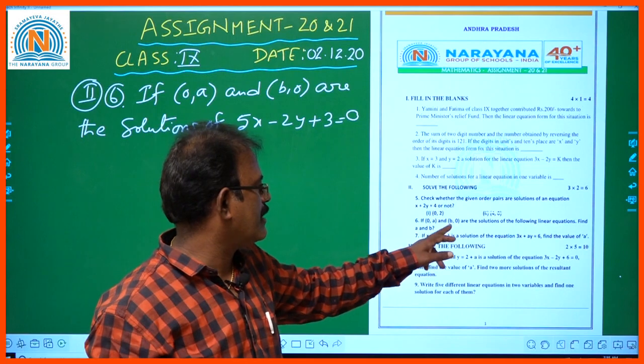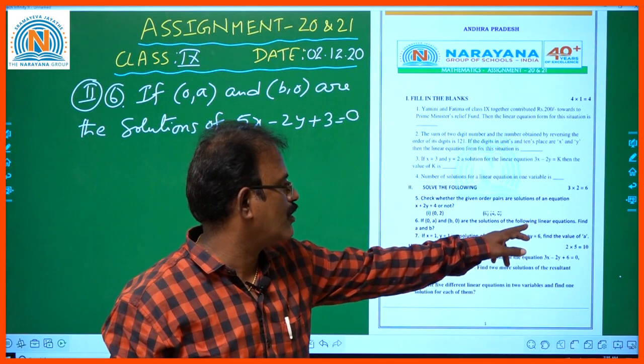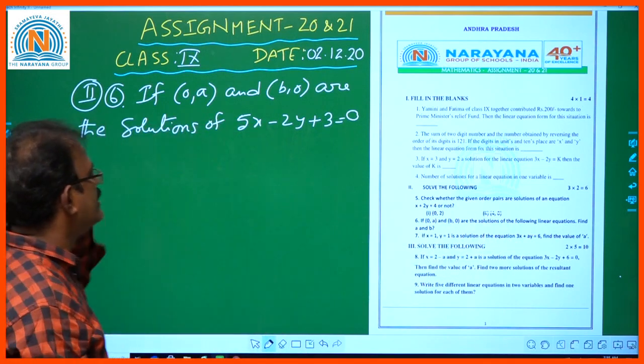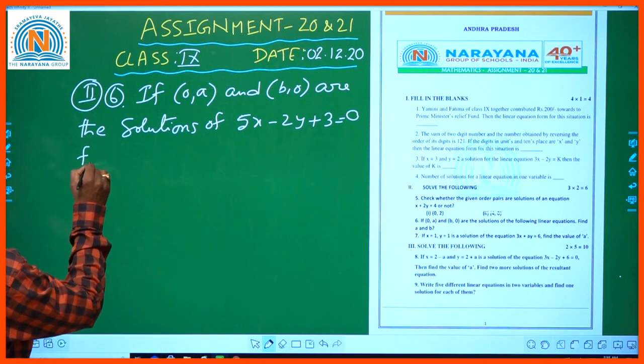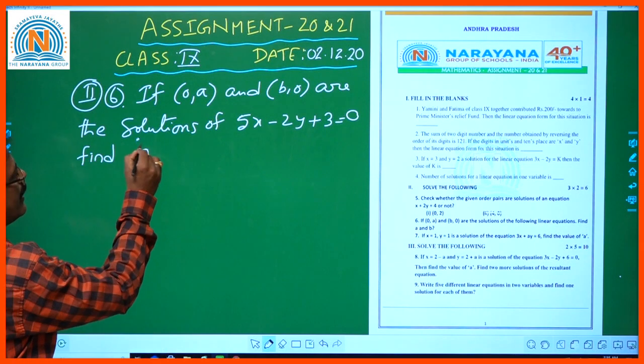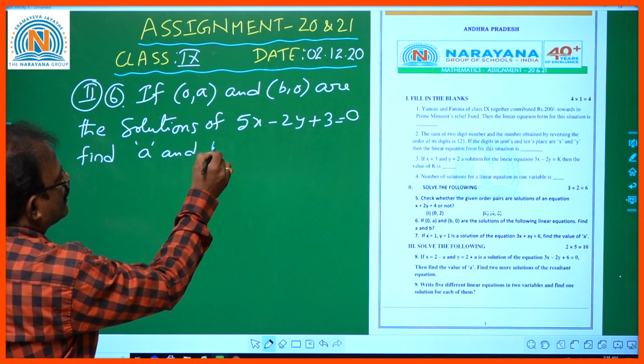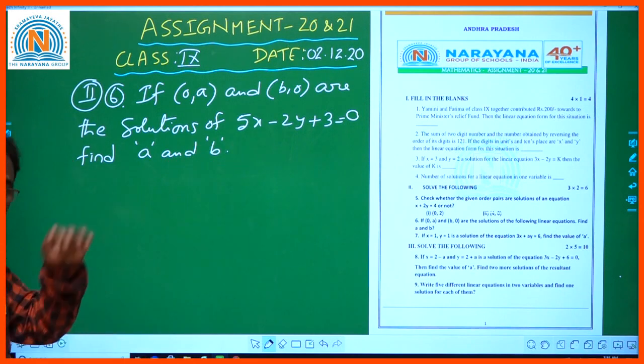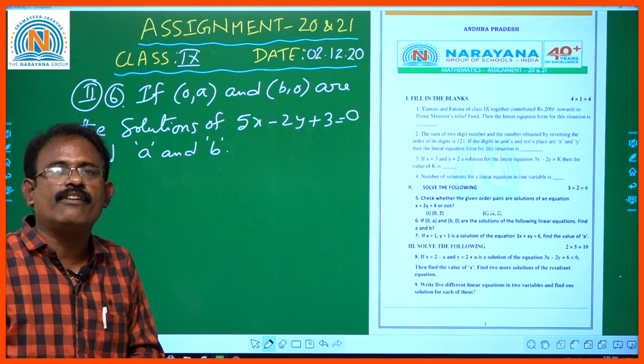If 0 comma a and b comma 0 are the solutions of the following linear equation, find a comma b. Find a and b.